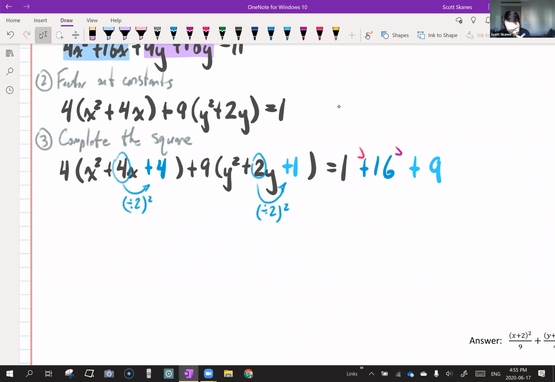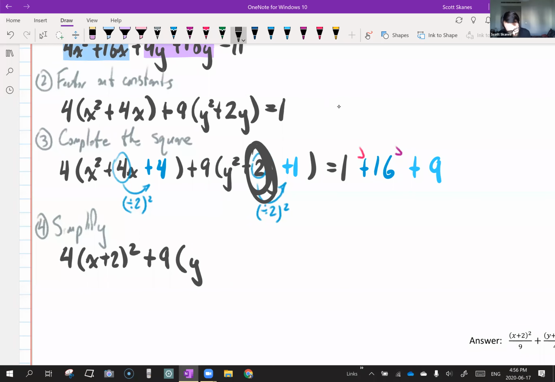The next step you might remember, I'll just call it a simplify. We need to take this middle number and divide it by 2. So x plus 2, all squared, plus 9, y.